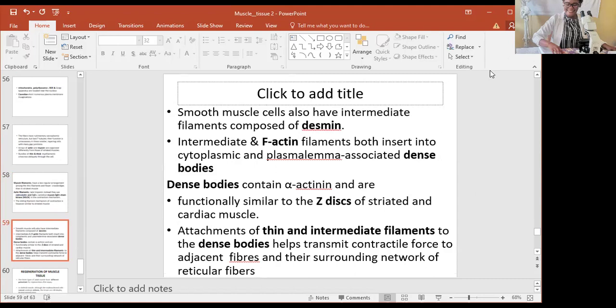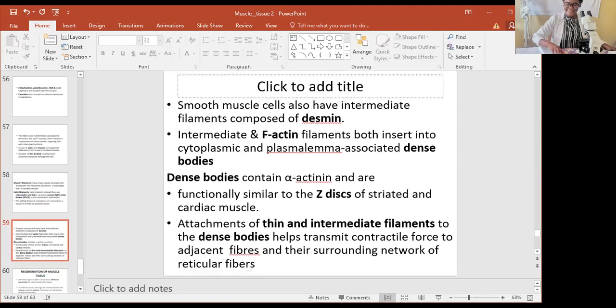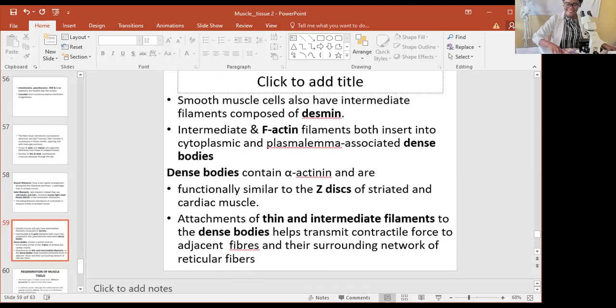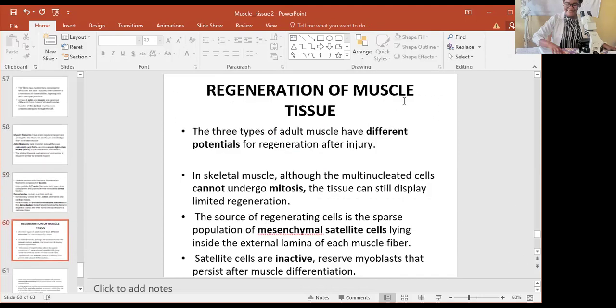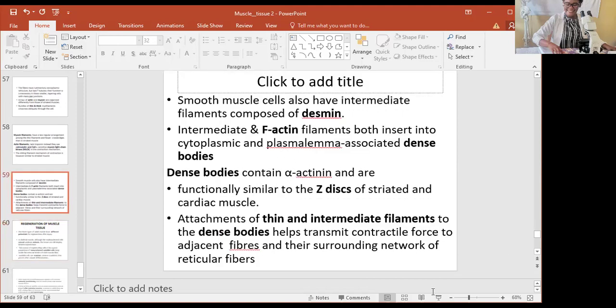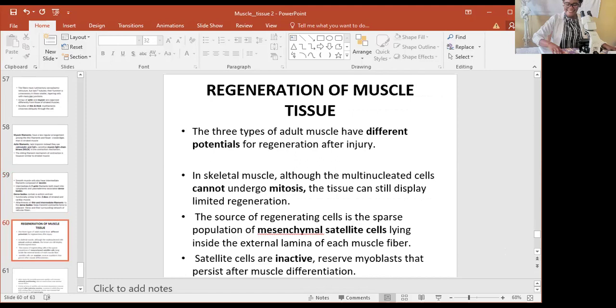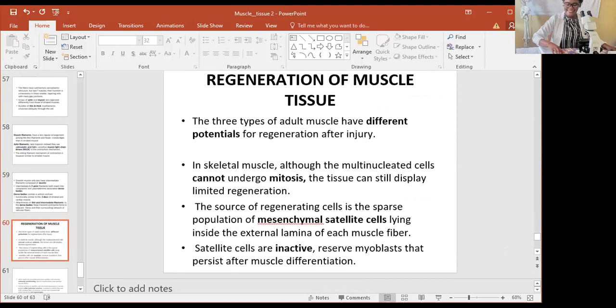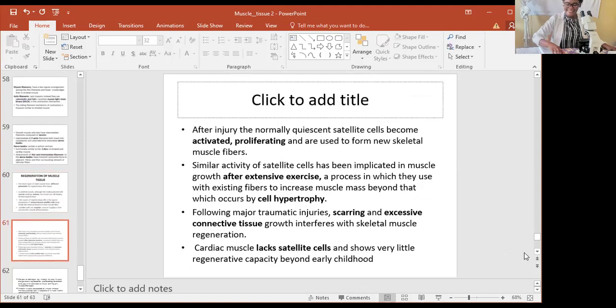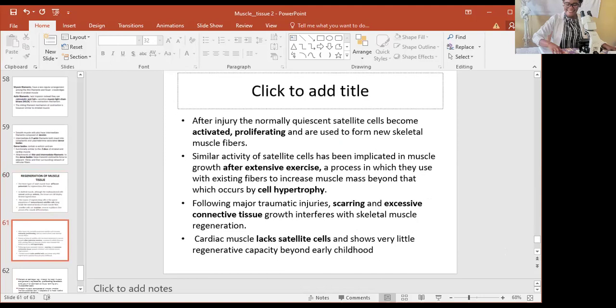So the take-home point is that the contraction of smooth muscle is different from the contraction of skeletal muscle.